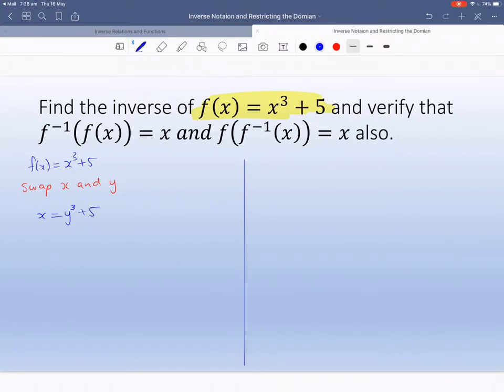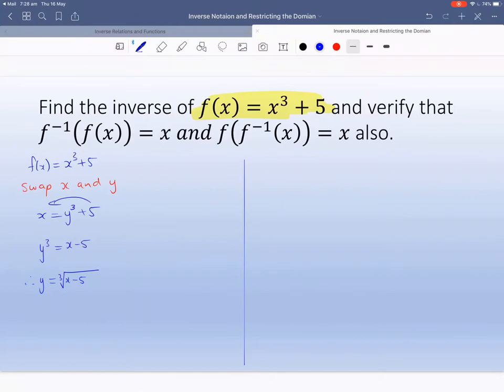Now I need to make y the subject. So y cubed equals x minus 5. I've just moved this to the other side and swapped things around. Now I'm going to cube root both sides because I want to get y by itself. So y equals the cube root of x minus 5.